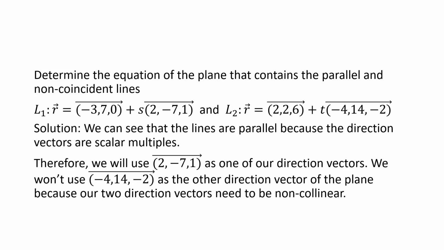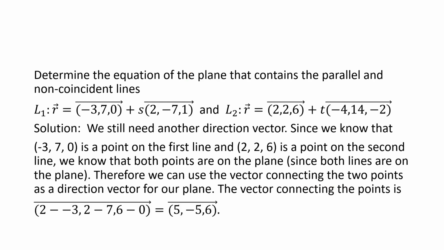We'll use 2, -7, 1 as one of our direction vectors because it's the direction vector of the line. We won't use -4, 14, -2 as the other direction vector because two direction vectors of a plane need to be non-collinear. So we'll find, like we said earlier, the vector between the 2 points.